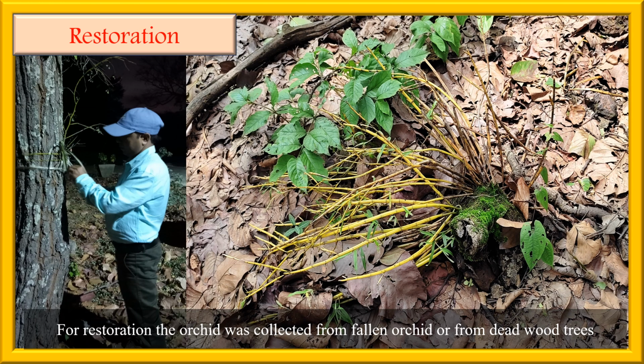The restoration process can be done by collecting orchids from the forest areas, the ones that have fallen by the pressure of wind, and from dead wood trees. We collected those orchids and restored them in a particular area where we can conserve them, and we water them at the particular time, so they settle down on that host plant.